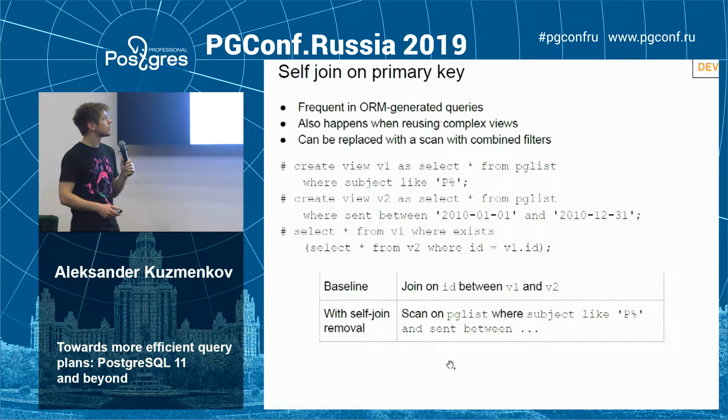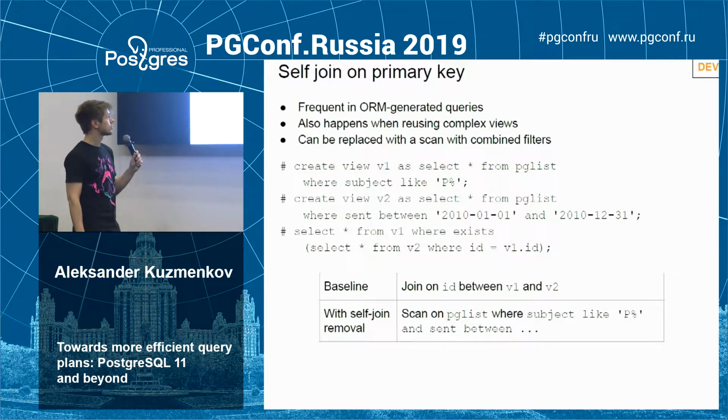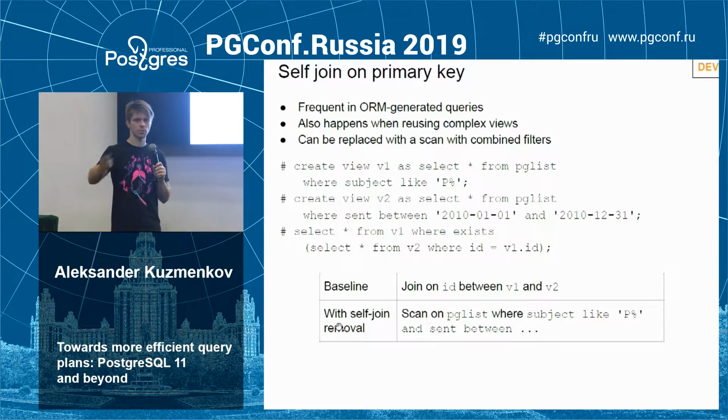Also, another very interesting case, which is not implemented yet, but is under development right now, is self-join on primary key tables. It happens very frequently in ORM-generated queries, and also when you are reusing complex views.